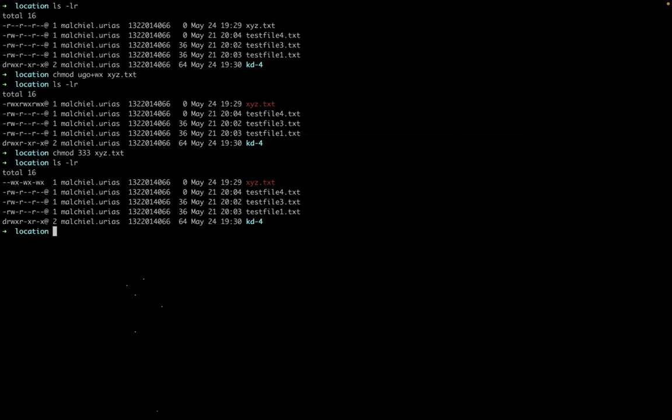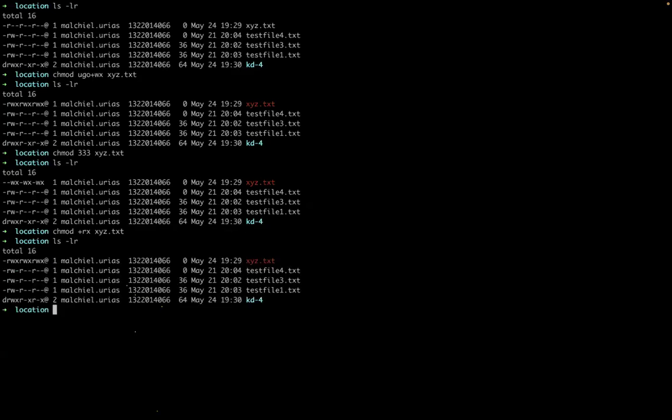For example, we just put plus X or plus R and the file name. What will happen without specifying whether group, user, or others? Okay, so that affects everybody.